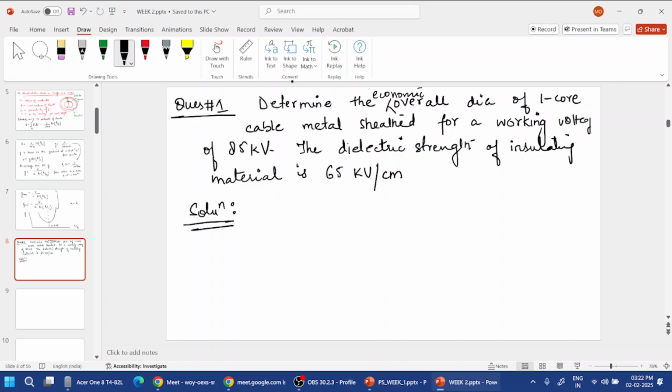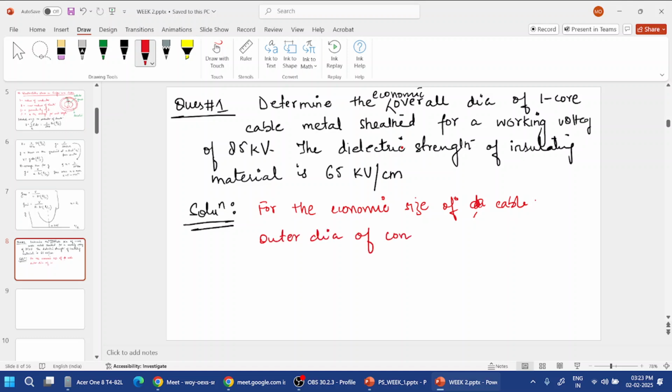For the economic size of cable, the ratio of the outer dia of the conductor to the conductor dia must be e.